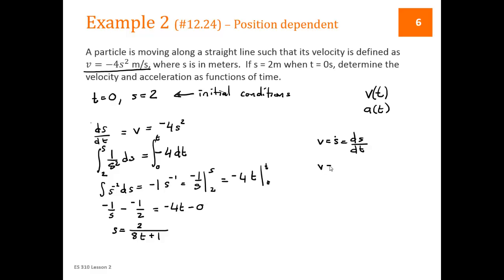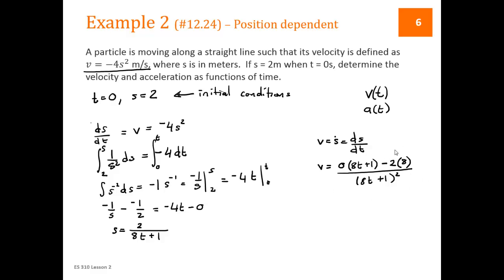We do v then is equal to the derivative of the top, which is 0, times the bottom, minus the top itself, 2, times the derivative of the bottom, which is 8. Sorry, this should be a minus sign. Product rule has pluses, the quotient rule has minus signs. Divided by the bottom squared, 8t plus 1 squared.